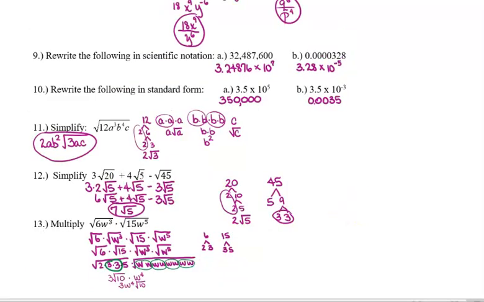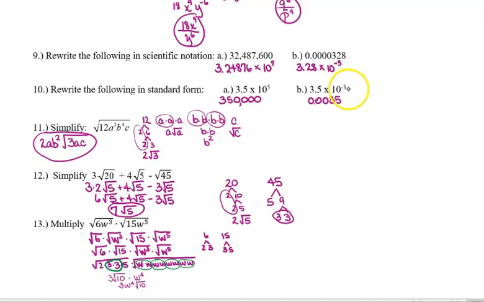All right, so for number 10, we want to switch from our scientific notation into our standard form. So if I have 10 to the 5th, that tells me that I'm going to take this decimal and I'm going to move it 5 places. So if it was right here, I'm going to move it 1, 2, 3, 4, 5 places, and that would be my standard form.